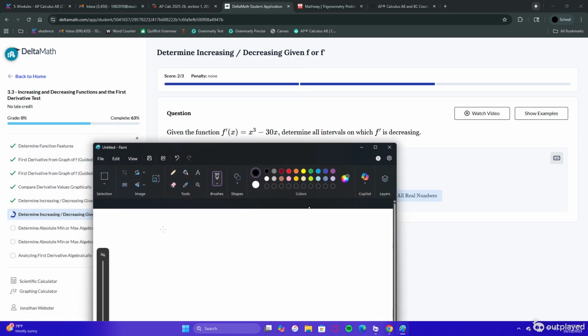And now they give us f prime of x equals x to the third minus 30x. And it's looking for where f prime is decreasing, so we have to see where f double prime is negative. Looking for f double prime, you do the derivative of that, which is 3x squared minus 30.